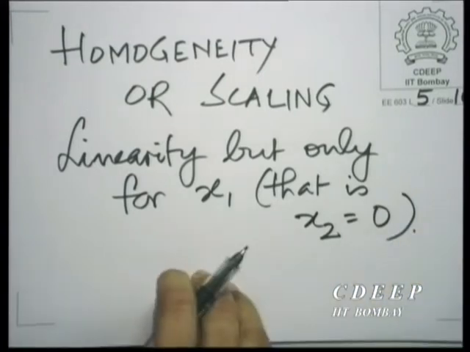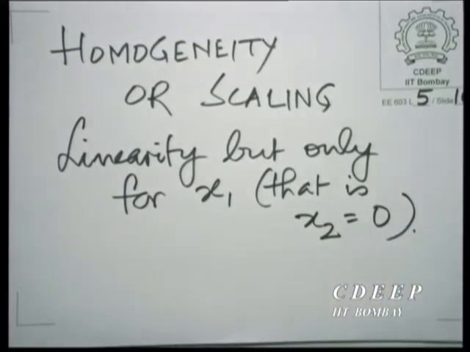So, it is a 0 sequence that we apply for the second. What it means is, I essentially give an x1, I study the output, x2 is anyway 0, I take alpha times x1 and give it to the system, the output should be alpha times y1. So, essentially homogeneity or scaling says, when I multiply an input by a constant, the output is multiplied by the same constant.